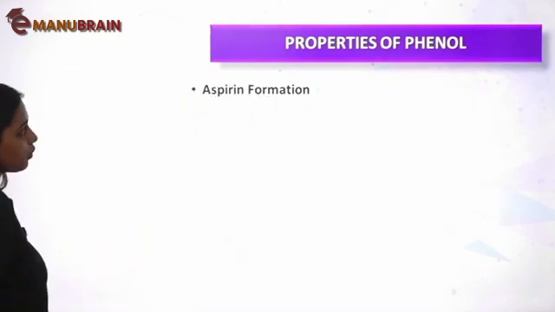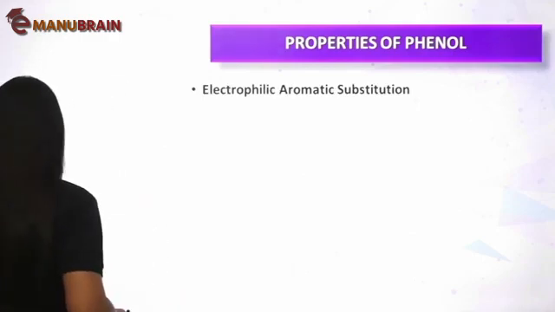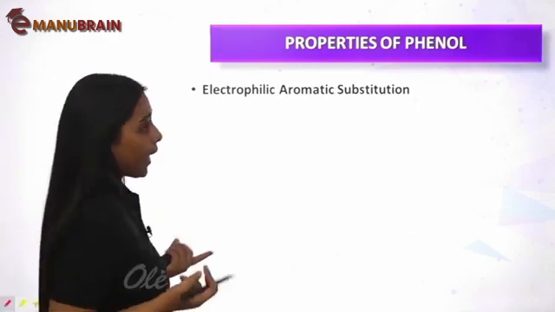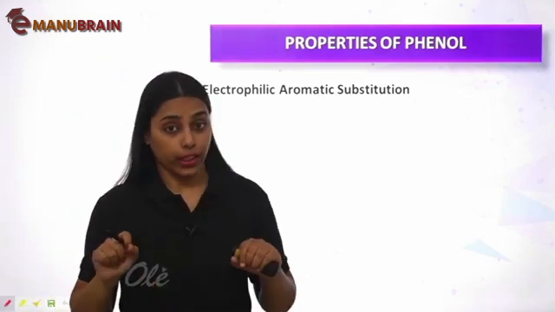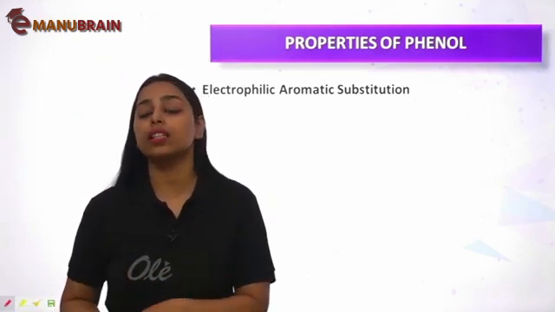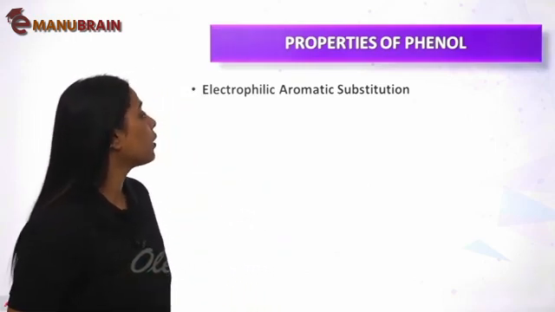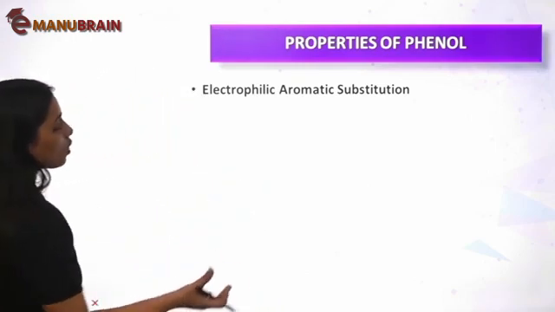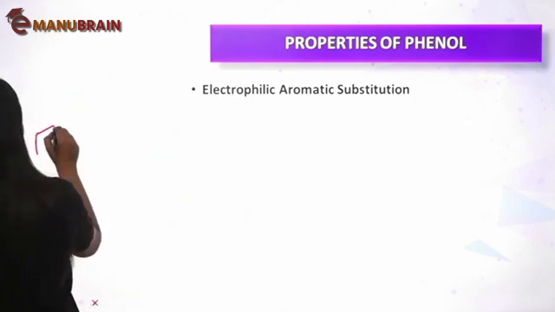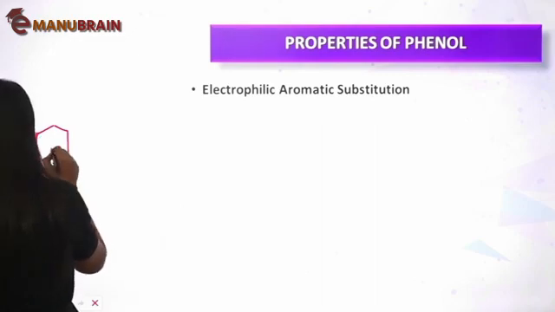So after that we'll move on to the next, electrophilic aromatic substitution. So these phenols are capable of showing electrophilic aromatic substitution reaction, where an electrophile will be introduced. It takes place or gets added on the ortho and para positions of phenol structure. That happens because electron density is more at that time because of resonance on phenol.